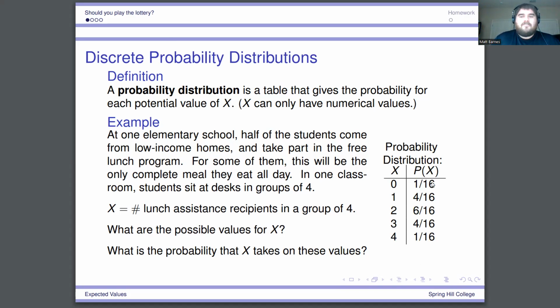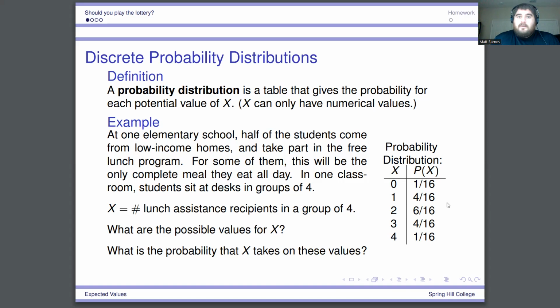Let's start at the outside edges. That's the easiest one. If 0 students are on it, none of the students are on the assisted lunch program. Each one has a 1/2 chance of being on it, which means a 1/2 chance of not being on it. So I would do 1/2 for the first student times 1/2 for the second student, the probability that they aren't on it, times 1/2 for the third student, times 1/2 for the fourth student.